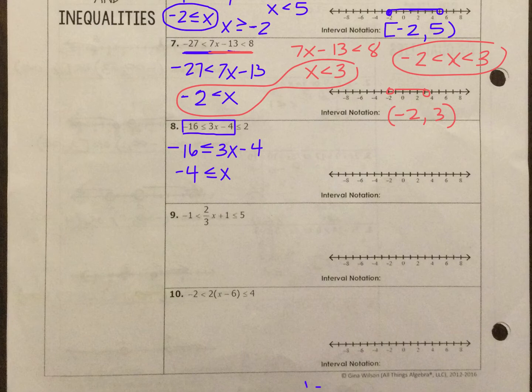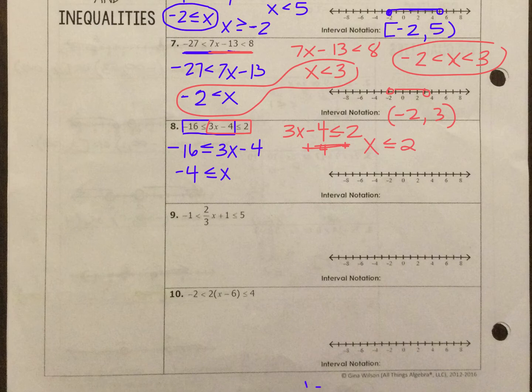Now let's do the second problem. We do the middle again, 3x minus 4 less than or equal to 2. Plus 4, well, I'll go ahead and tell you because I'm kind. x is going to be less than or equal to 2.